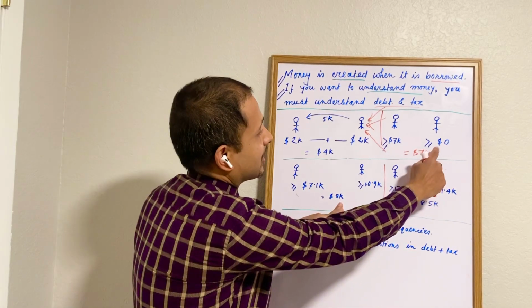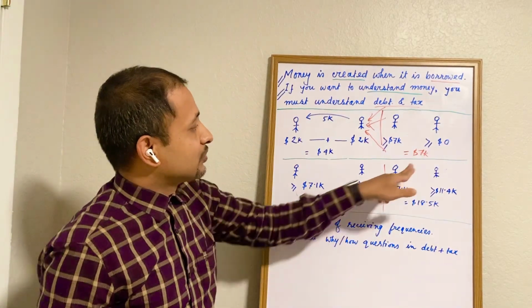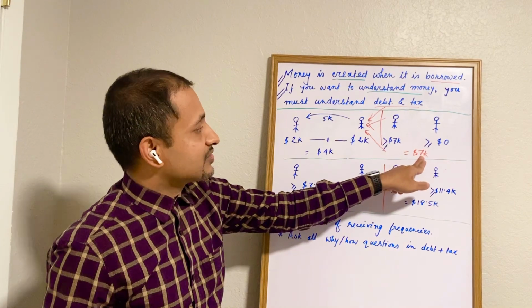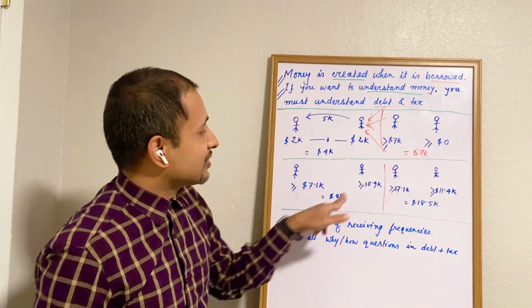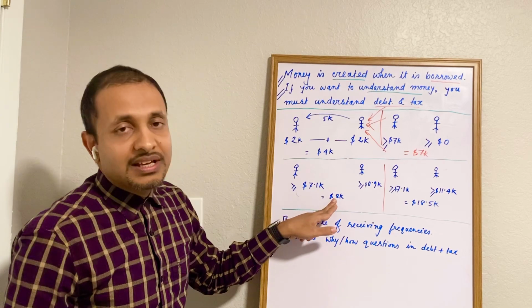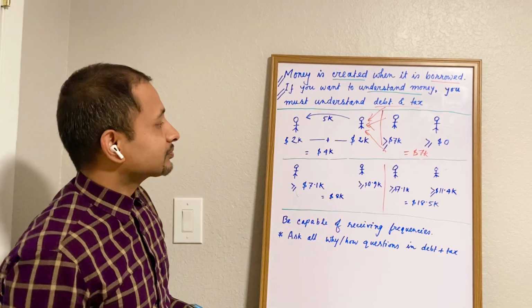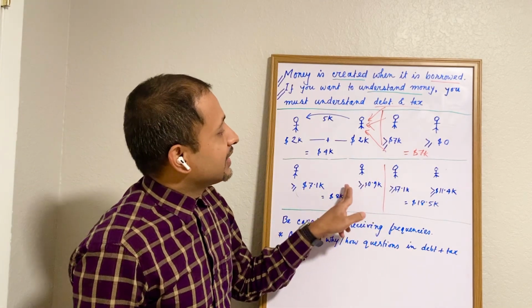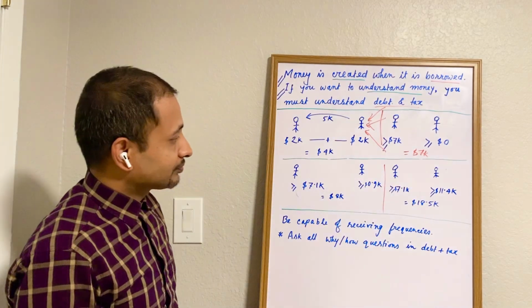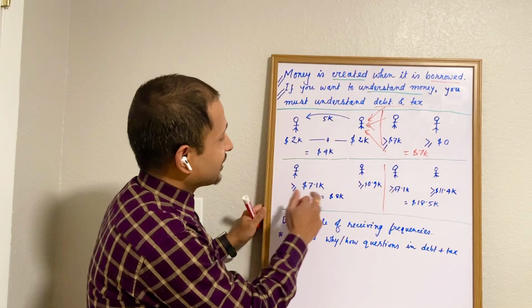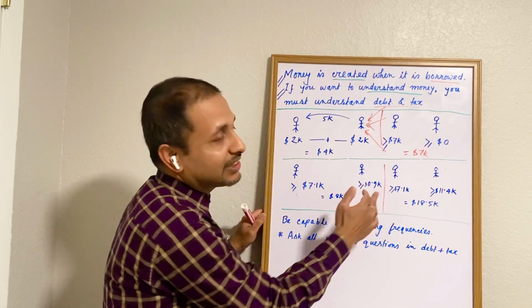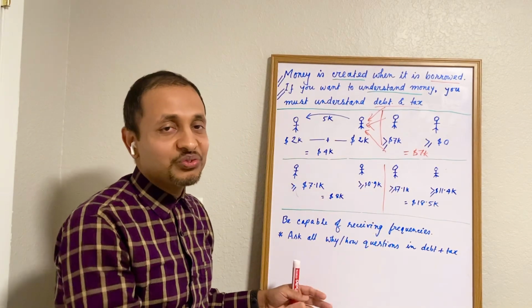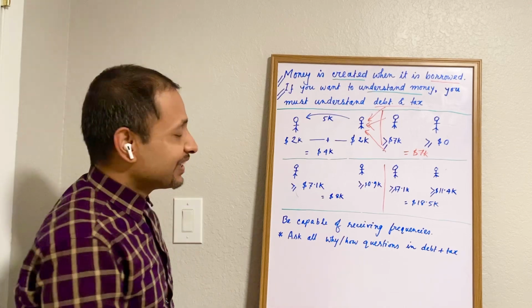So in total, it's $8,000. Just 1 year before, it was $7,000. Now it is $8,000. Money is increasing. Now at the end of this mortgage, let's say he makes no profit in 30 years, which is realistically impossible.